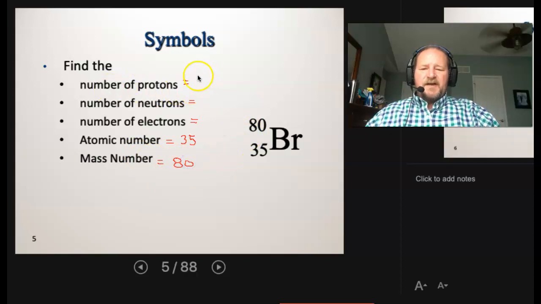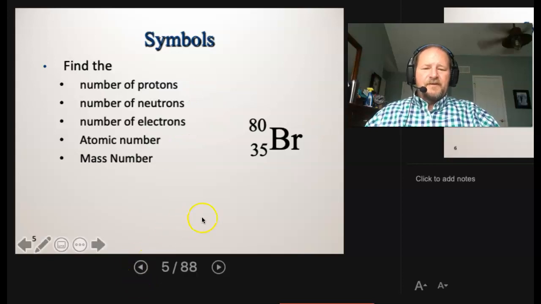That means the number of protons is also going to be 35. The number of neutrons will be 80 minus 35. That's going to give me 45. And the number of electrons, since we don't have a charge, is also going to be 35. All right, how did you do?